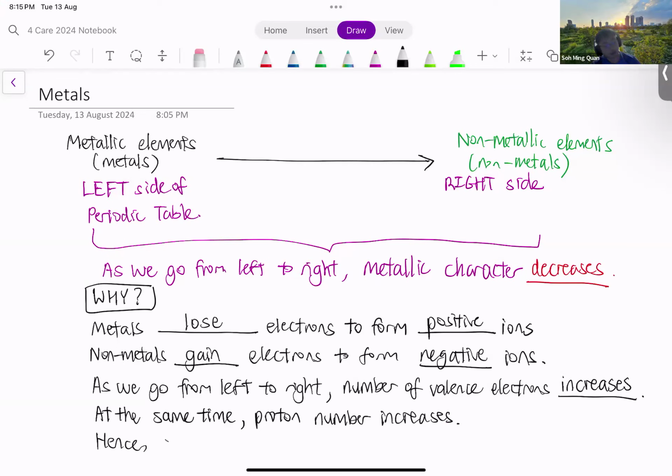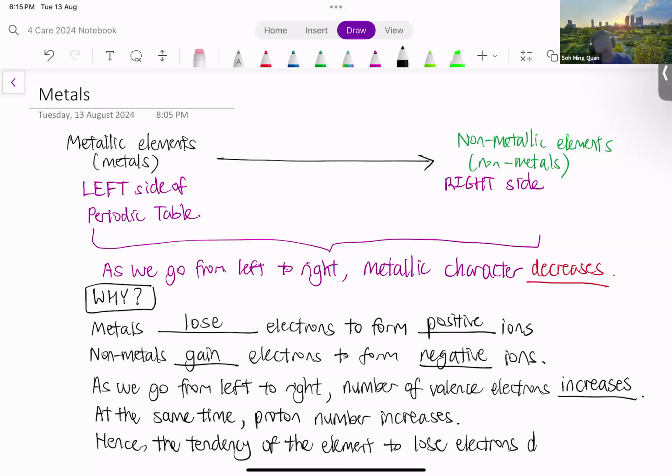Hence, the tendency of the element to lose electrons, do you think the tendency will be higher as you move from left to right or lower to lose electrons?